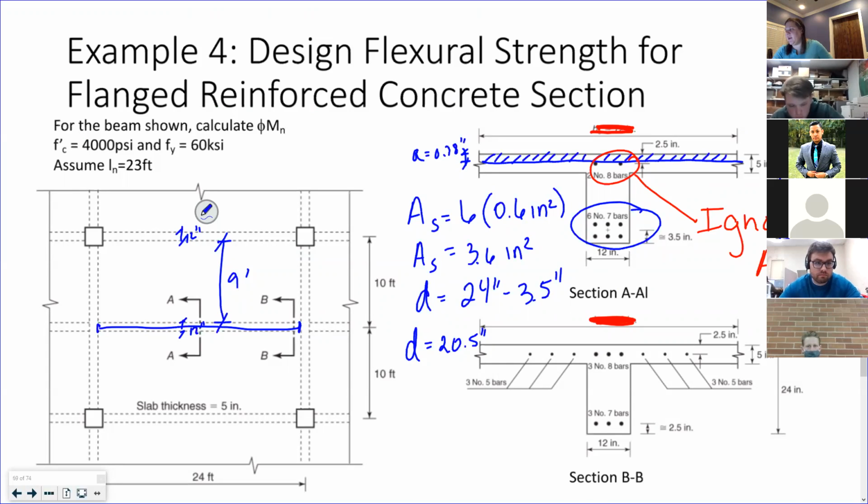So I'm probably not even hitting those 2 number 8 bars with the compression anyway. So I wouldn't be able to account for them as compression steel.